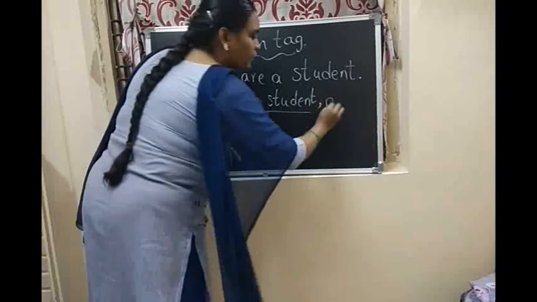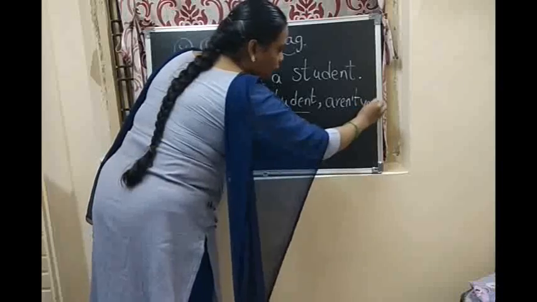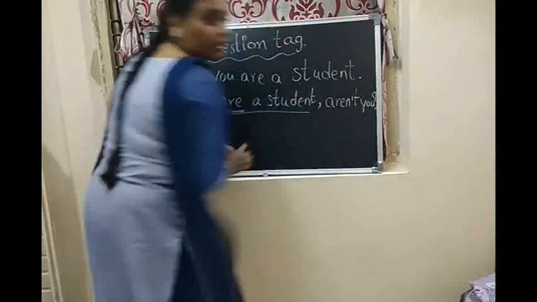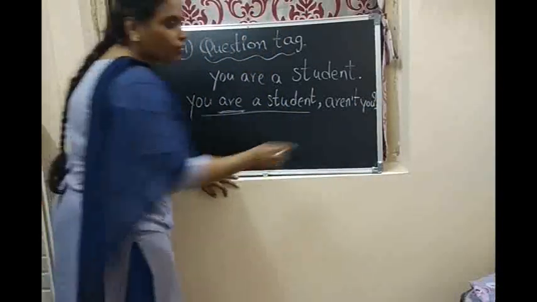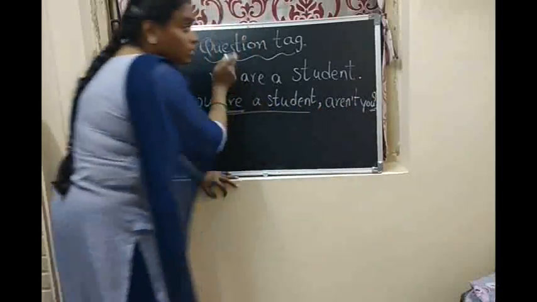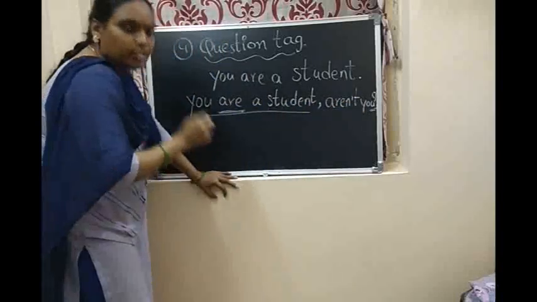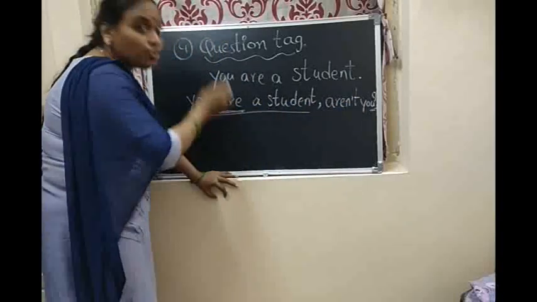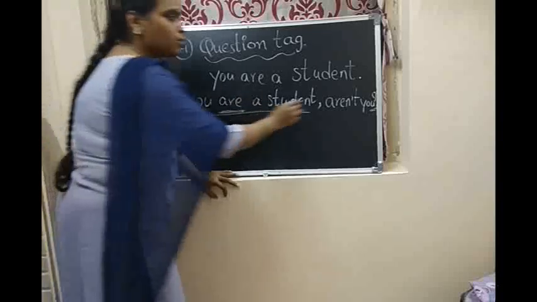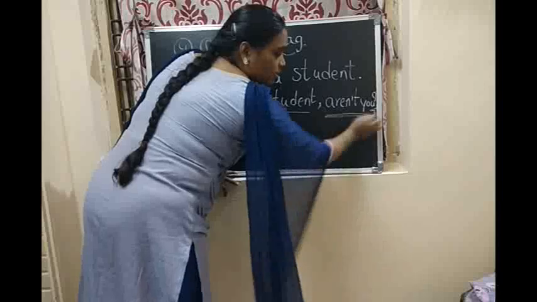So how is it? Aren't you? Question mark. First, what do we need? Question mark. So the question tag ends with a question mark. For this purpose only, we have to know about this. So, aren't you? This is known as a question tag.